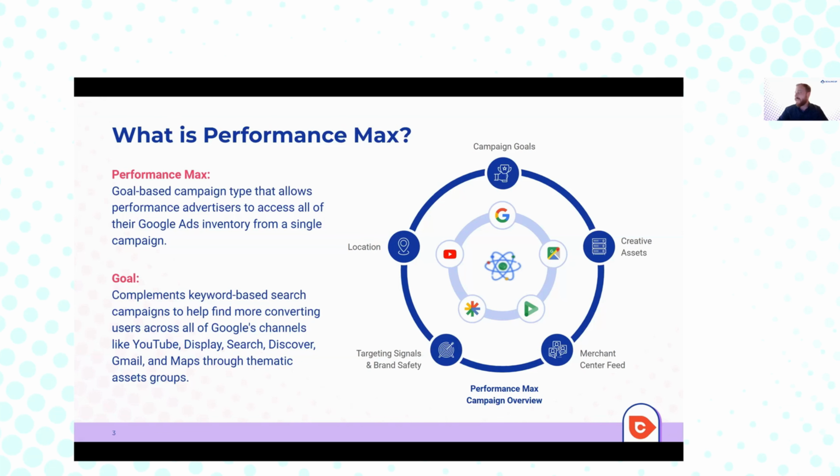And what I mean by that is typically search is a pull medium. A patient or a customer is going to Google searching for information, and advertisers are trying to serve those users' queries with relevant information. Performance Max not only serves as a pull mechanism, but also can work as a push medium as well.